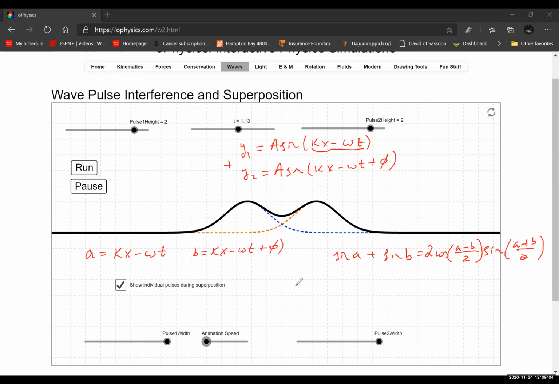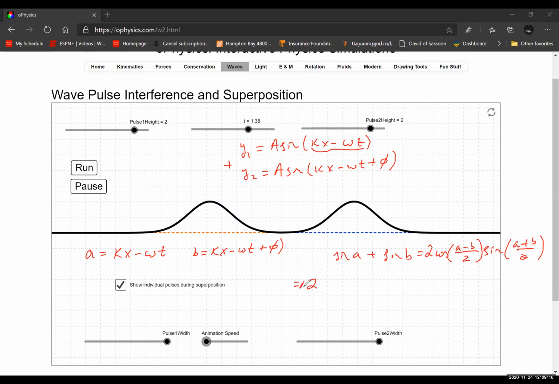So that's why, if I'm calculating this, it becomes 2 cosine of (A minus B) over 2. Remember, I had this amplitude A over there already, right? Both of them have that constant.